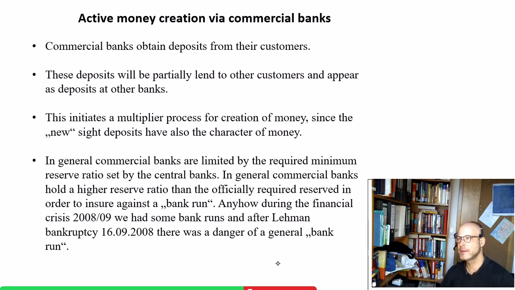Then I get a credit, and now we assume that the household or the enterprise which obtains the credit has another private bank than myself. So I get the credit, and what happens is at another bank, there appears another deposit due to the credit which the enterprise or the household has obtained.